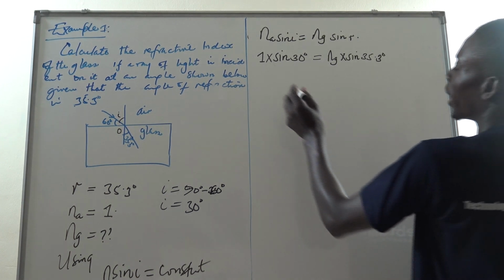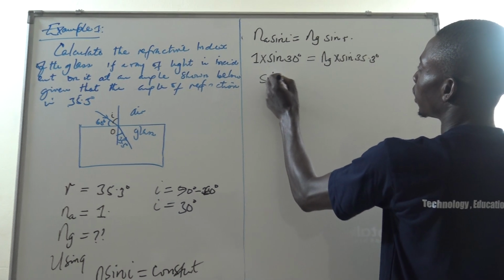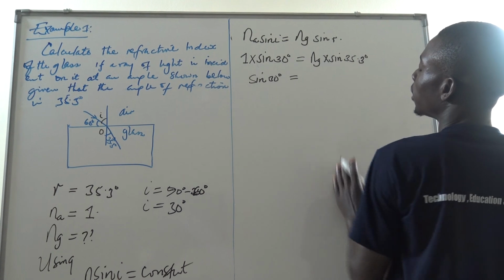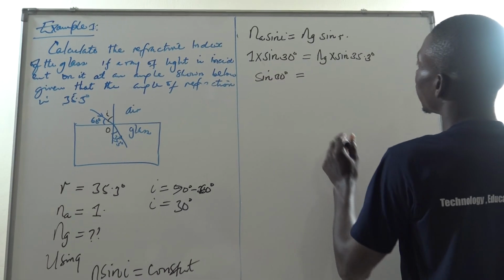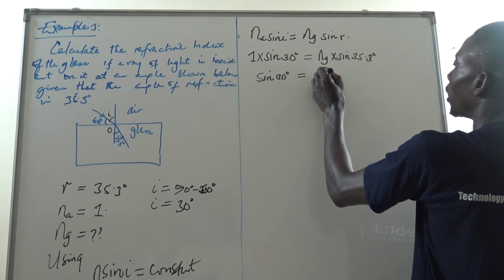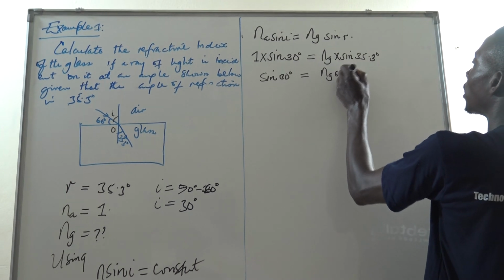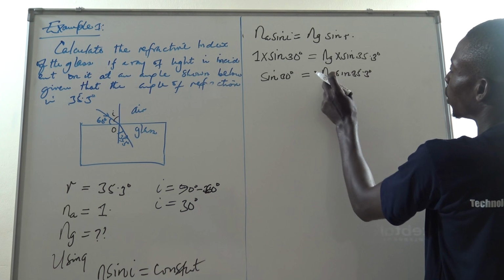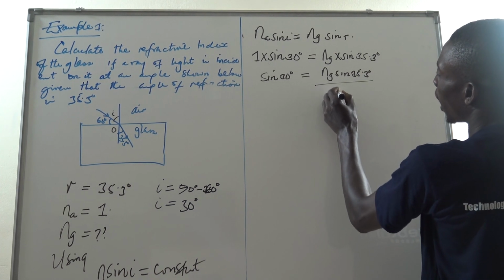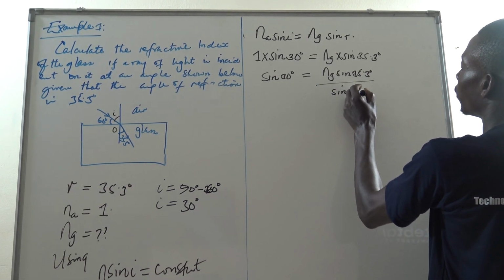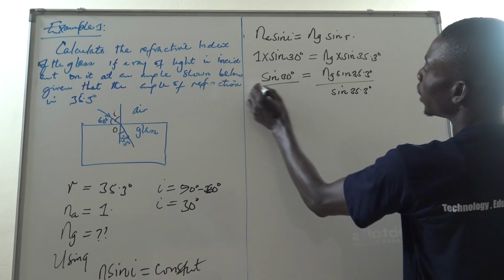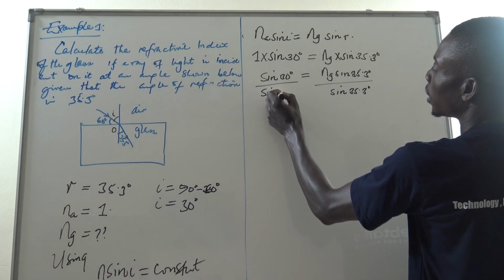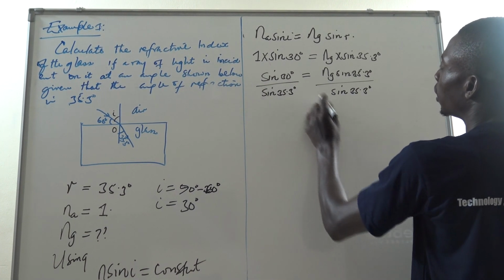Okay? And then I can say sin 30 equals Ng sin 35.3 degrees. Here, because we want Ng, I divide both sides by sin 35.3 degrees.